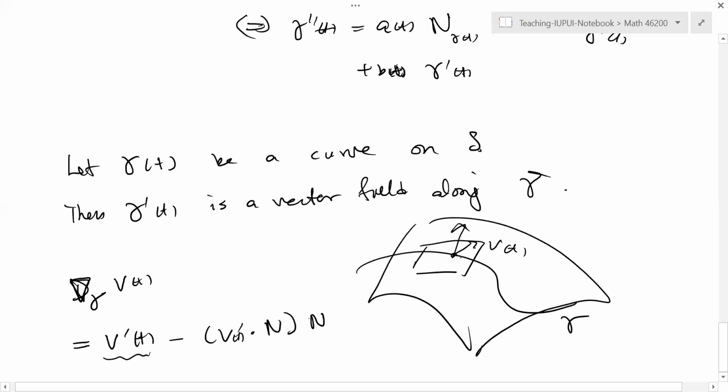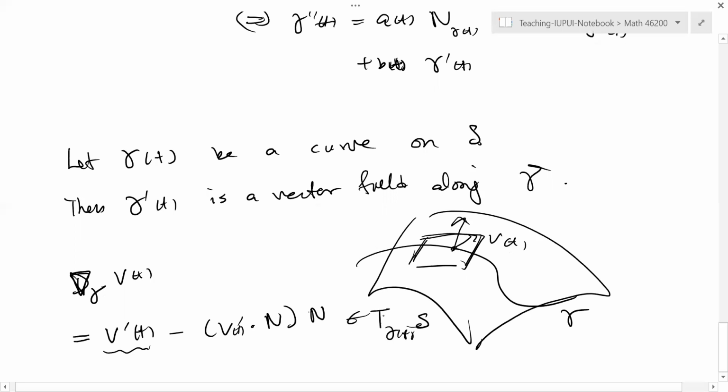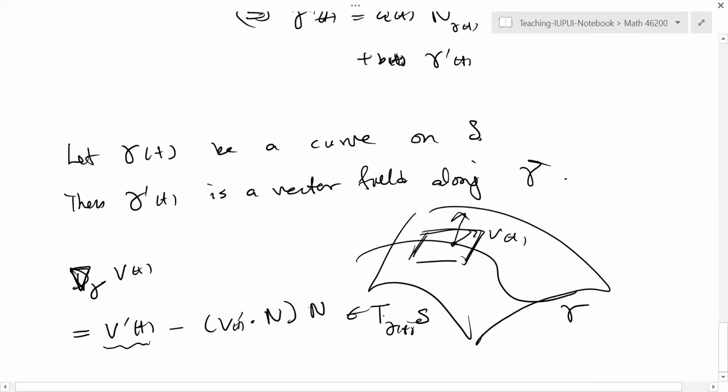When you differentiate along the geodesic, there's a part. This is actually another tangent vector. This is for an arbitrary vector field.